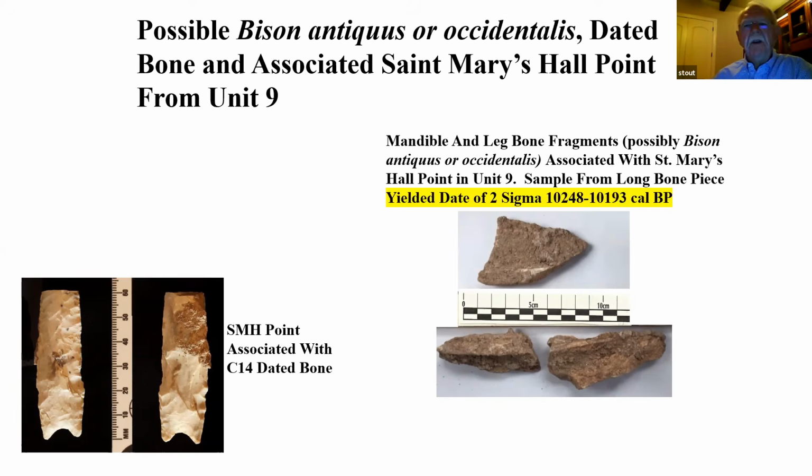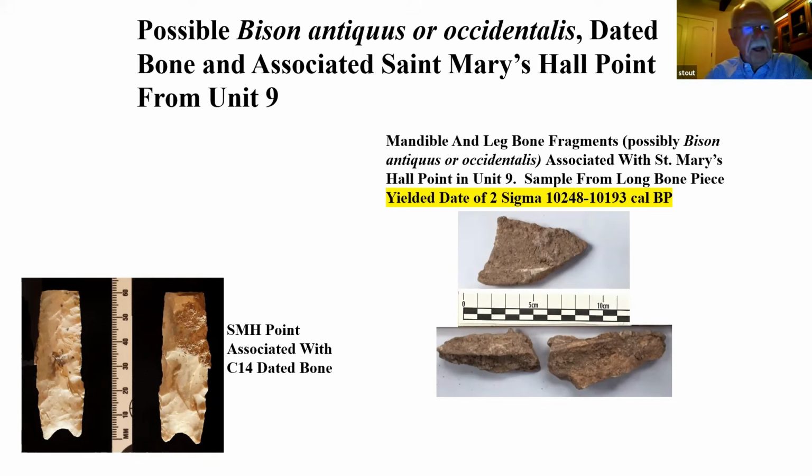But they can't give you a specific date because there's a margin of error, which is what the 248, 193 difference is. The cal means the radiocarbon years that the lab derives first have to be converted into calendar years because the 2 do not match each other. And so this is a calendar year before present, or calibrated years, calibrated calendar, one and the same in this dating context.